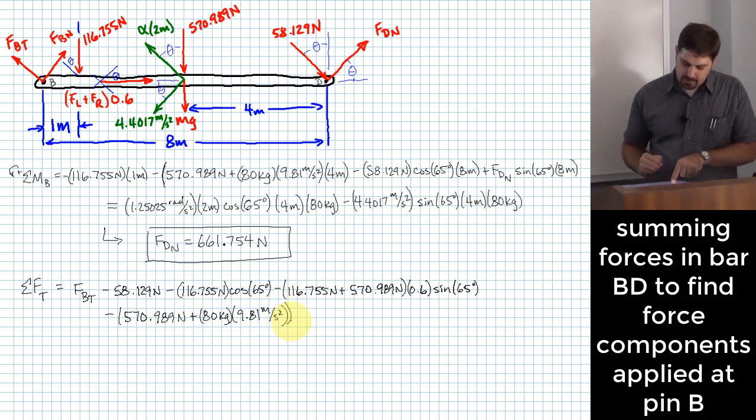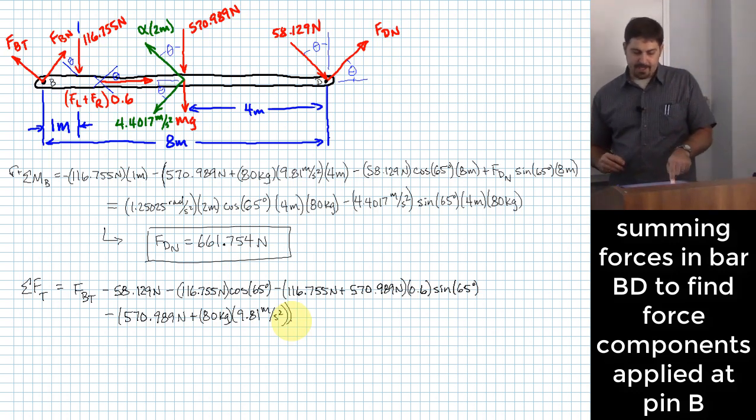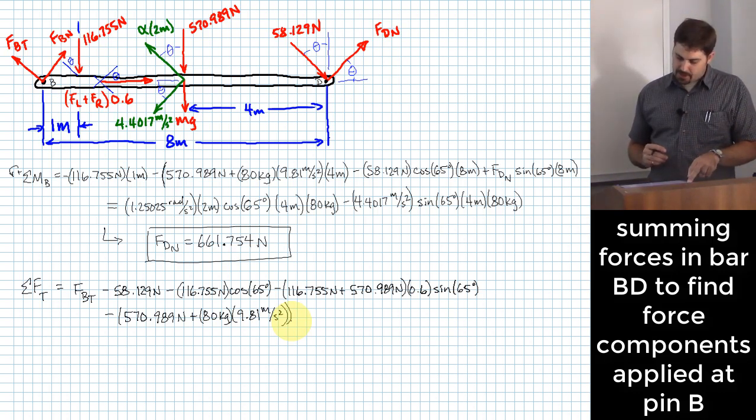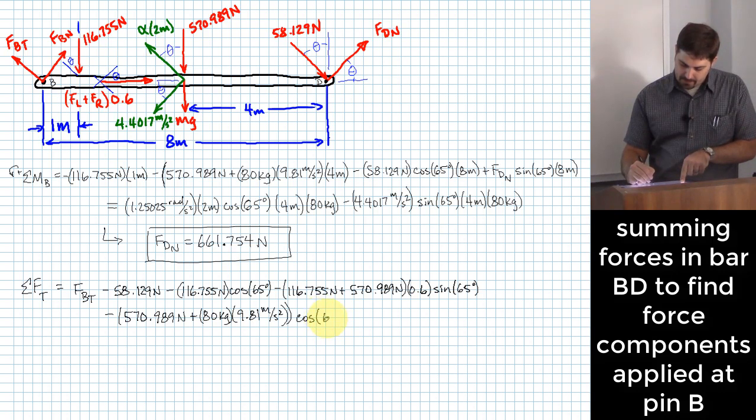But I don't want that entire amount. I want to take just the component that points in the tangential direction there. So I would take all of that multiplied by the cosine of theta.